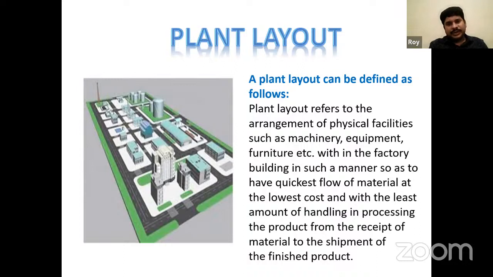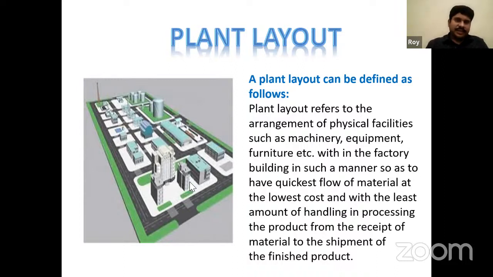Now, plant layout. What is this layout? If you see this image, you can understand that. Now see the definition here. While I'm reading, see this image. The arrangement of physical facilities such as machinery, equipment, and furniture, whatever things you use in a factory.